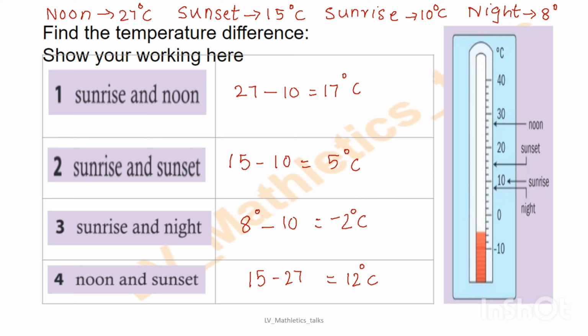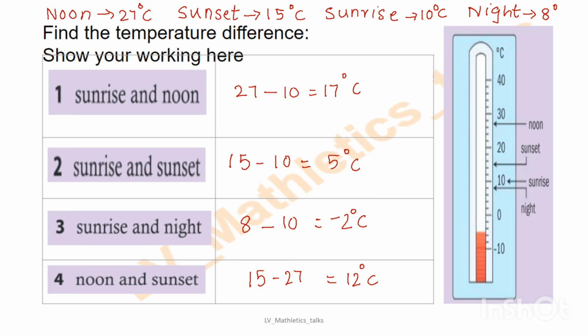Okay, let's try to write this in words. If I write down the temperature here, I see the temperature rose by 17 degrees, correct? Here in this case again, the temperature rose by 5 degrees. What does a negative number represent? It dropped. The temperature dropped by 2 degrees Celsius.